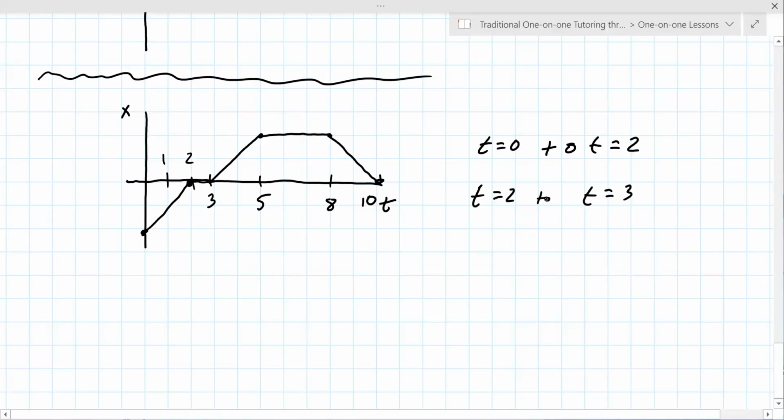It's at rest. Well, yes, the velocity is 0 there, but that's kind of a velocity thing. You just want to say it's at the origin. It's not doing anything. Okay. How about from t equals 3 to t equals 5? What's going on there?